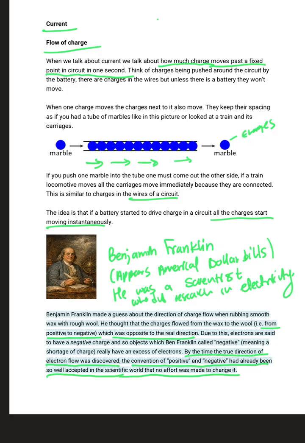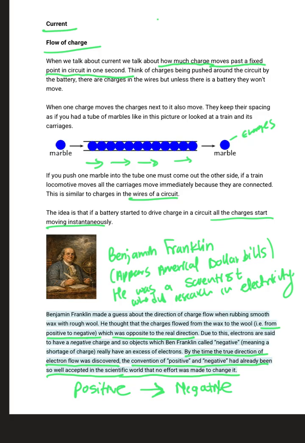So what was commonly taken as a belief was that electrons or charges move from positive to negative in a circuit.